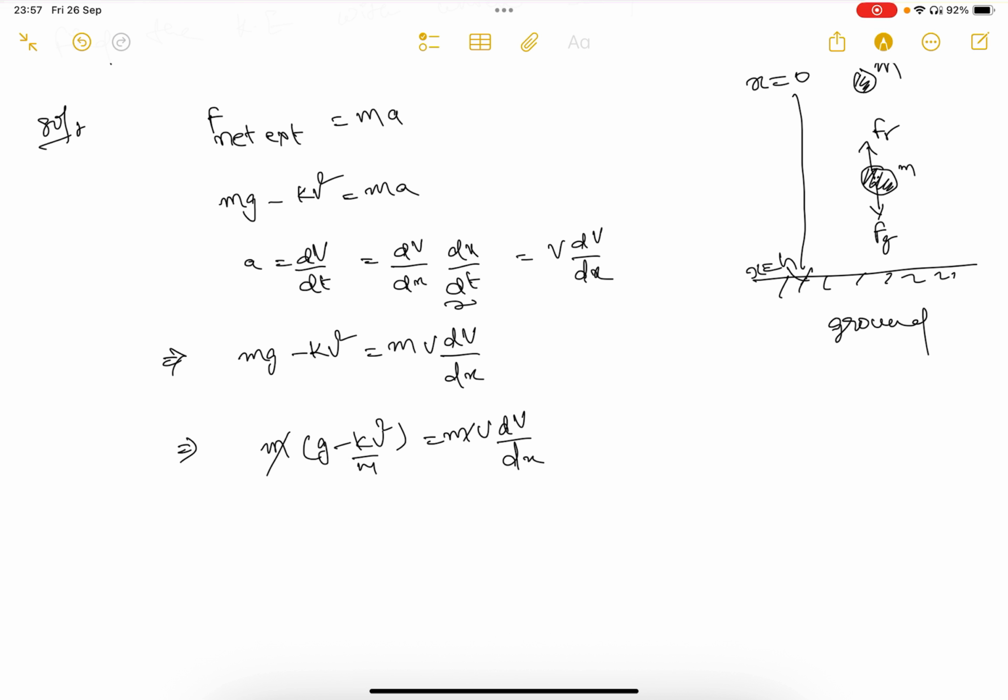Then m will get cancelled. So as you can see, there is a function of v here. So v by g minus k v square by m dv is dx. Right? Then we need to integrate these from x equal to 0 to h, and from the top the velocity is 0 to the final velocity when it hits the ground.